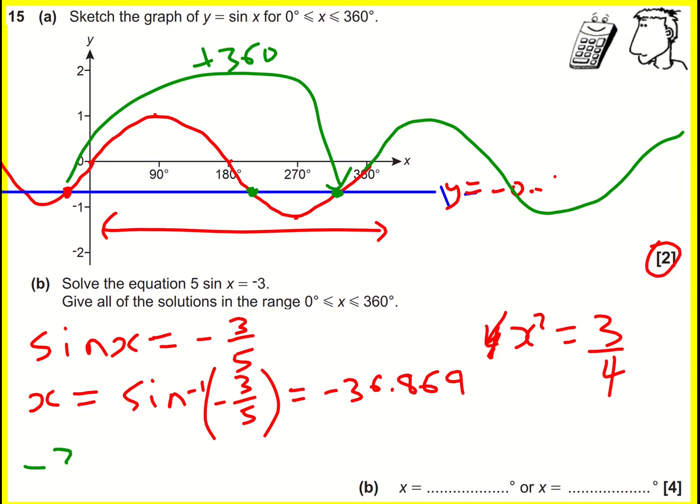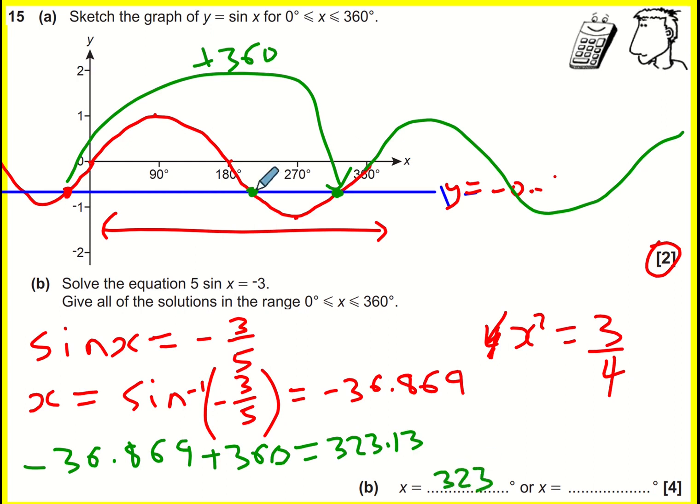So I would write down -36.869 plus 360 equals 323.13. And I would write that down to the nearest whole number, 323.